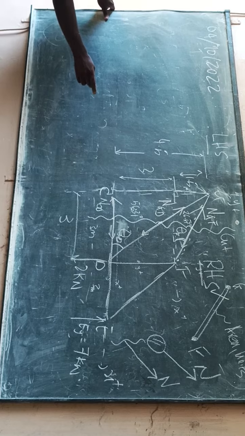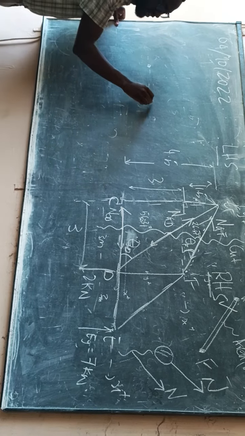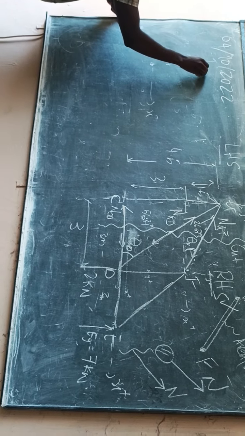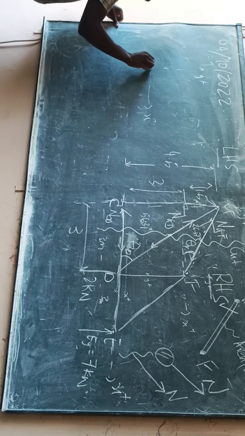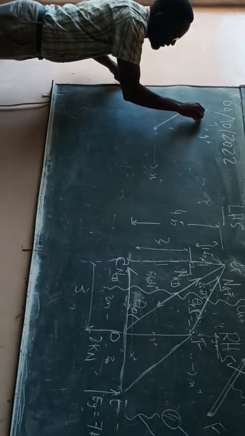So the easiest, of course, is at D, right? So at D, we have this is our x positive, and this is our y positive. And this is our NGD, right?